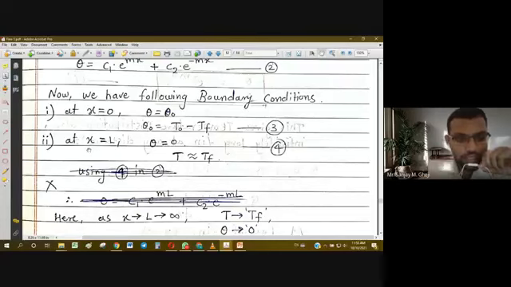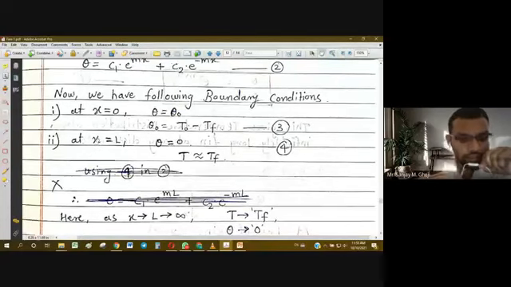Now let us see what is happening at the tip of the fin, at the other boundary, that is x equal to L. Now this length is going to infinity, that is, x is tending to infinity. So theta will tend to 0 as temperature T is approaching Tf.